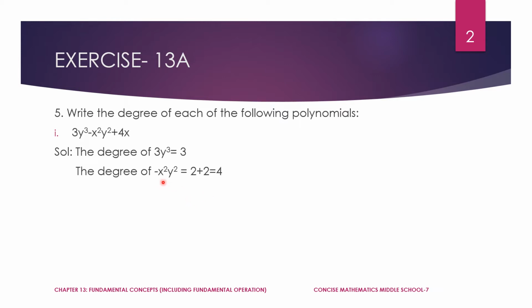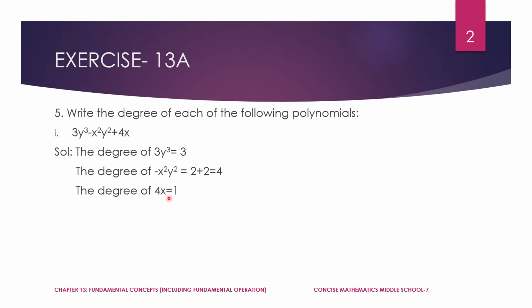What's the exponent of x? It's 2. The exponent of y is 2. So we have to sum the exponents of x and y. It becomes 2 plus 2, that is 4. And let's consider the third term, the degree of 4x. If x has no exponent written, it is considered as 1. So 1 will be the degree of 4x.